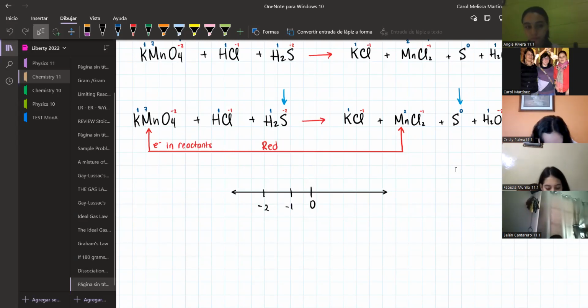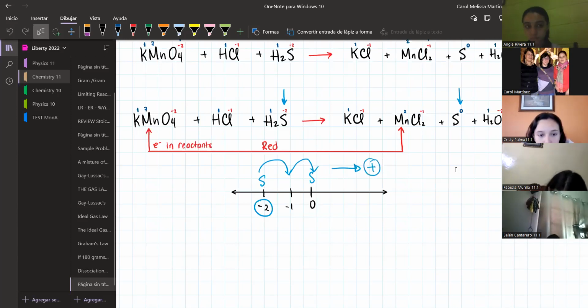Sulfur was here. This was my initial sulfur. And after the reaction took place, sulfur ended up here. So it moved 2 spots to the right, okay? And when you move to the right on the number line, it's a positive action, okay? Your oxidation number has increased.